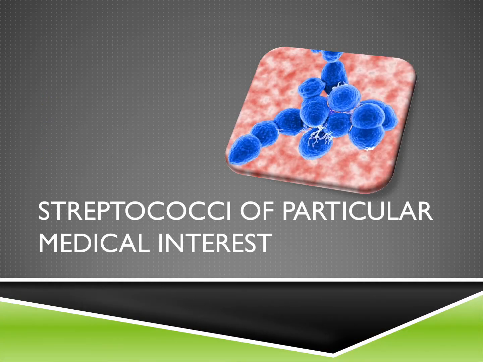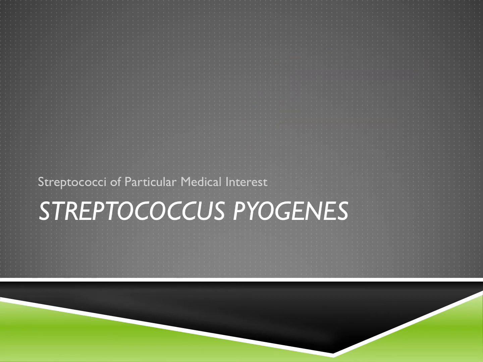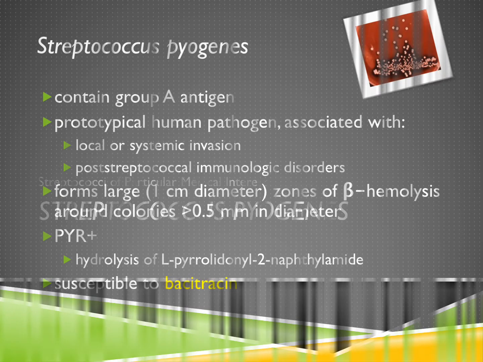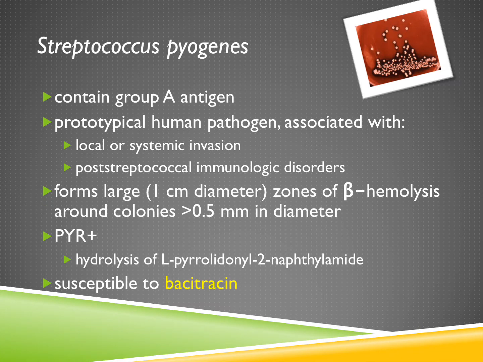About the streptococci of particular medical interest now, beginning with Streptococcus pyogenes. Streptococcus pyogenes contains the group A antigen. It is a prototypical human pathogen associated with local and/or systemic invasion, as well as post-streptococcal immunologic disorders.